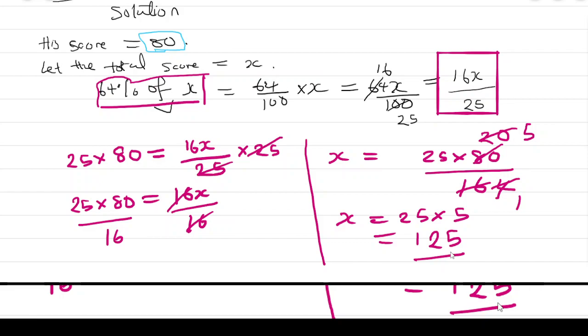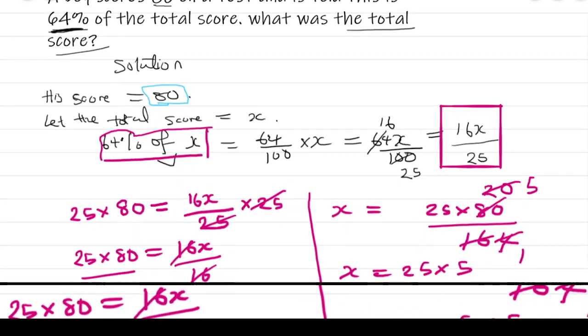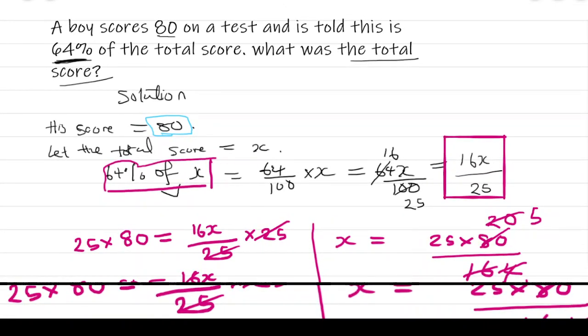Let's go through the problem again and see if we can understand it a little bit better this time around. So we were told that the boy scored 80 on the test, and that this 80 is equal to 64% of the total score. Now we are asked to find the total score.